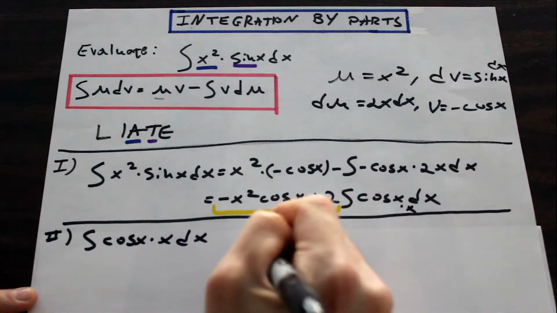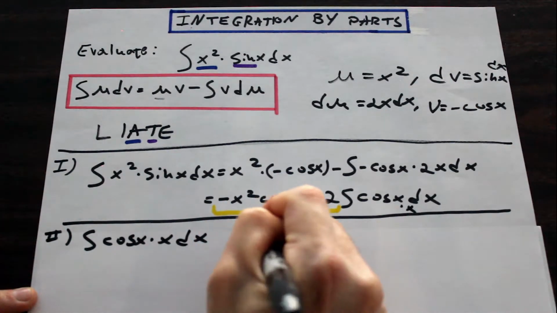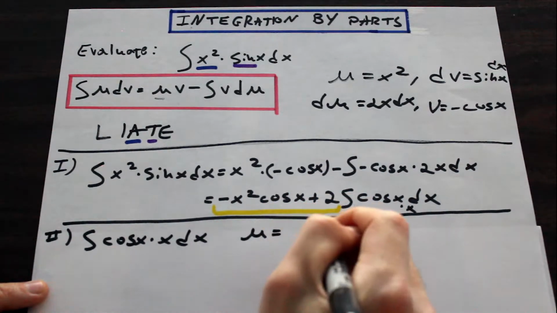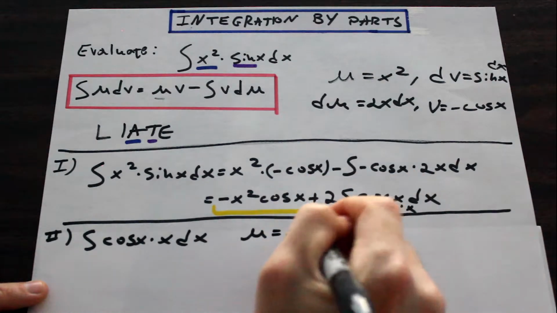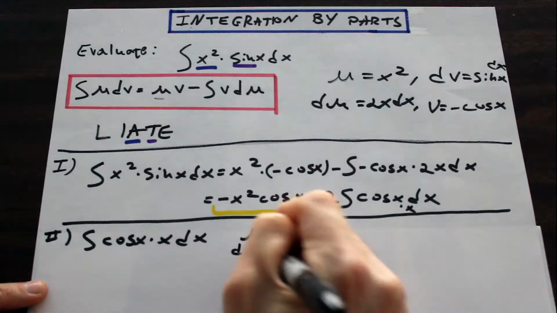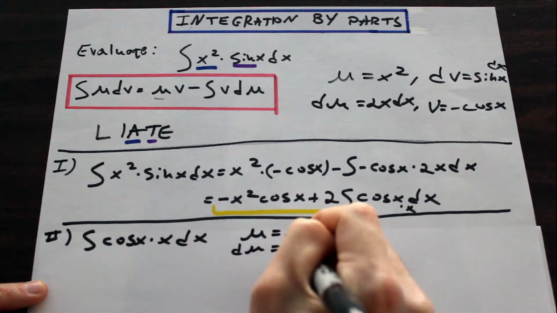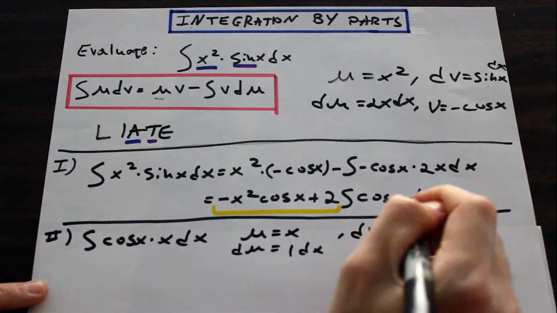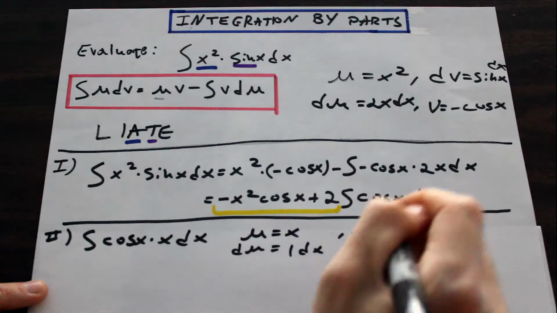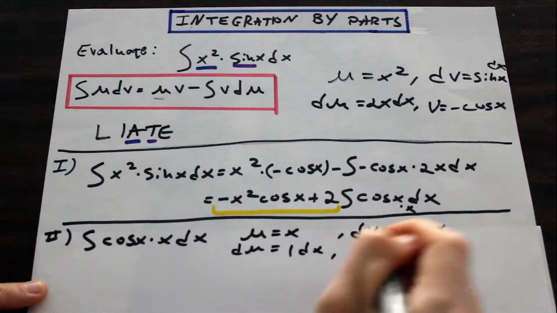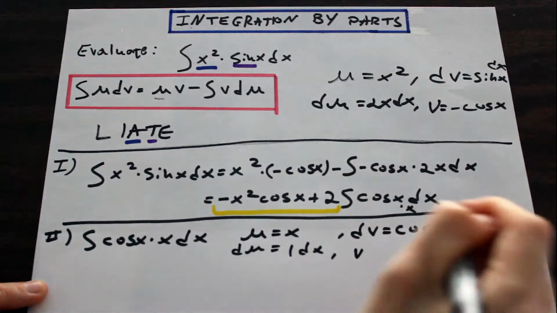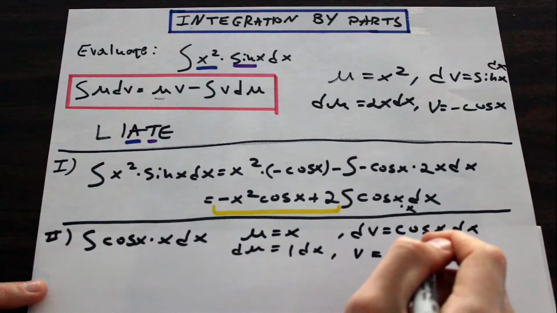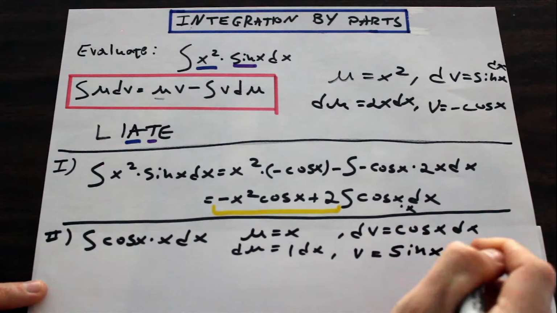So our u for this one, again we have an algebraic function, so our u is going to be x, our du is going to be 1 dx, our dv is going to be cos x dx, and our v is just going to be sine x.